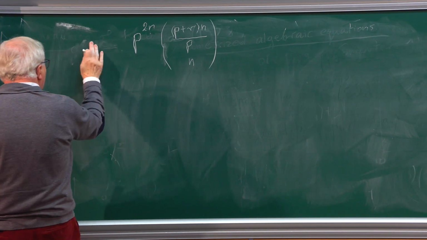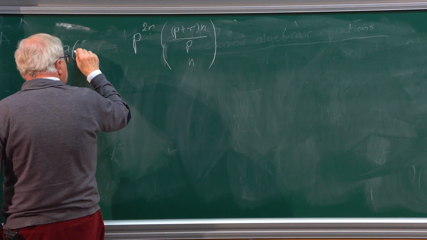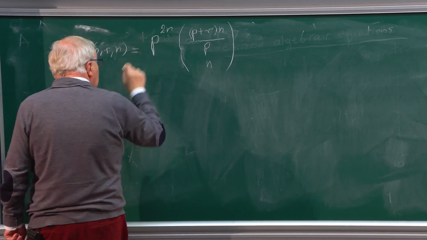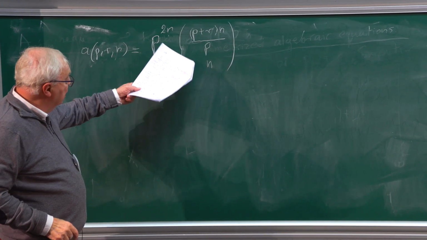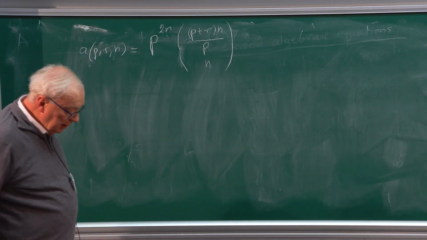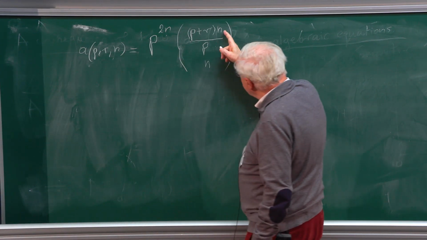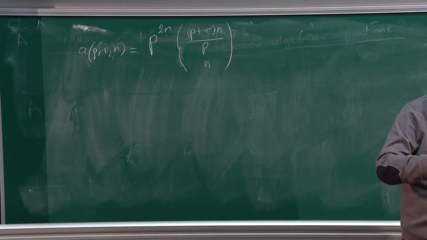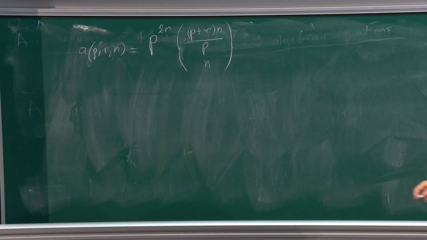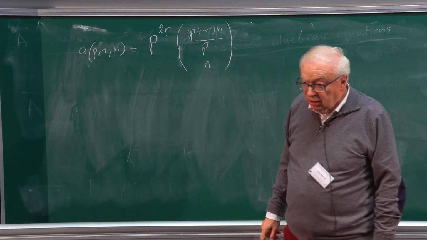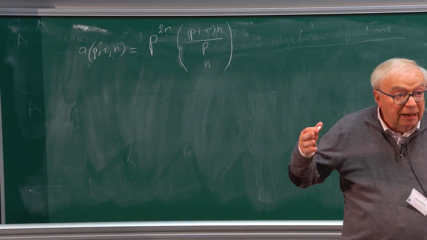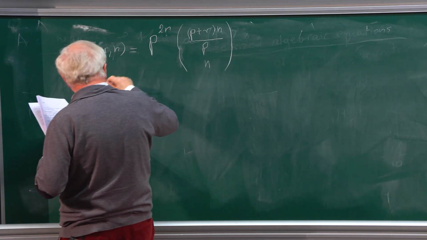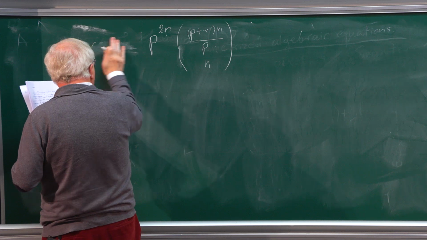So I should write a of p, r, n. Okay? Now, for p which is integer, this sequence is a sequence of integers. But it turns out that it's also a sequence of integers when p is rational.